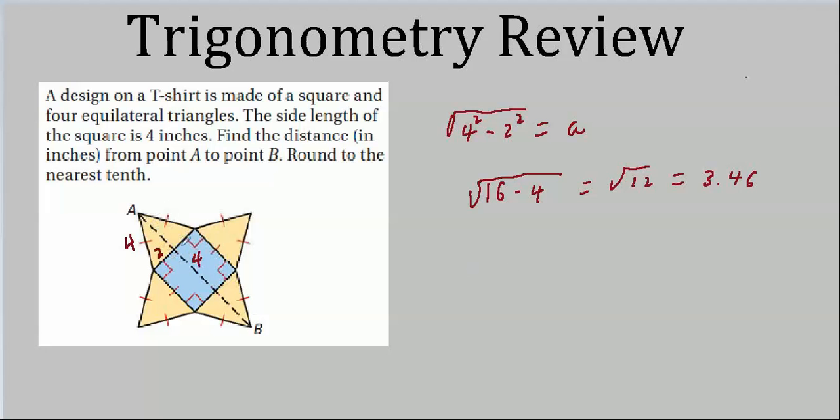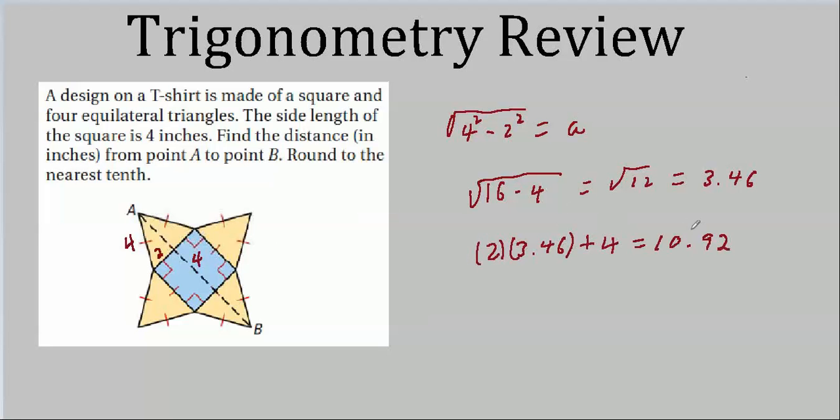This is 3.46 times 2. That accounts for the 2 ends here, and then 4 is how far we traverse right there in the middle. And what does that turn out to be? And so this total distance turns out to be 10.92.